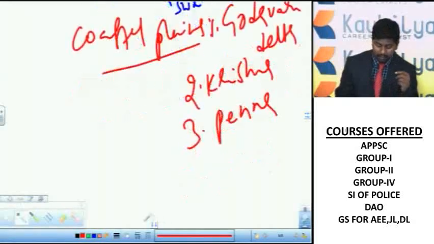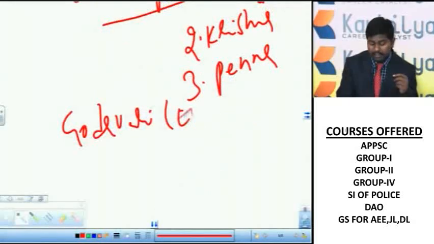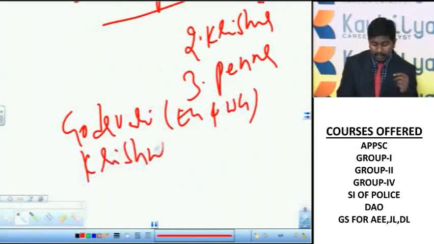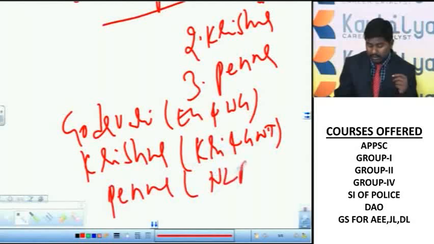The Godavari Delta spreads in East Godavari and West Godavari districts, the Krishna Delta region spreads in Krishna and Guntur districts, and the Penna Delta region spreads in Nellore district.